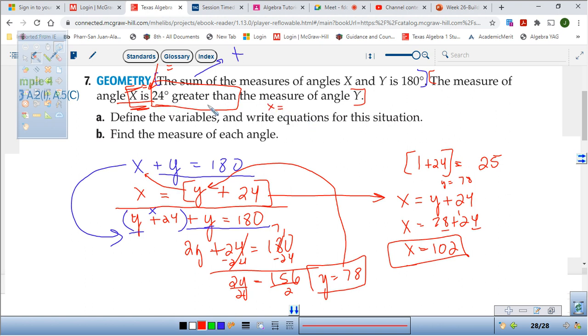When you see greater than, that word than means to put it at the very end. Plus 24, and then the y. If they were to say less than, then we put minus 24. I hope I answered your question.